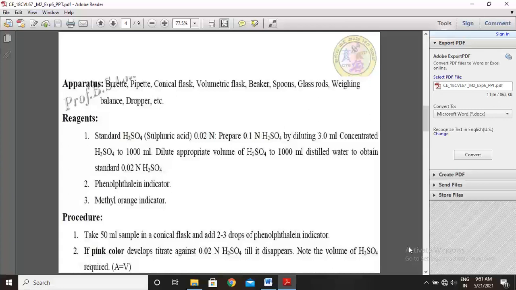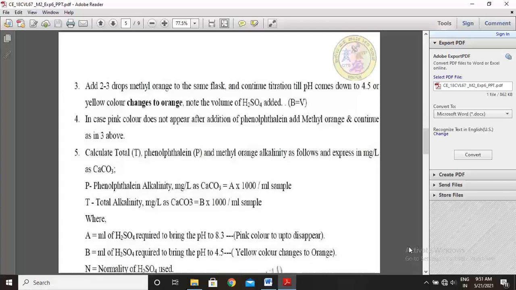Note down the volume of H2SO4 required, which is A equal to V. Next, add 2 to 3 drops of methyl orange to the same conical flask and continue titration till pH comes down to 4.5, or yellow color changes to orange.